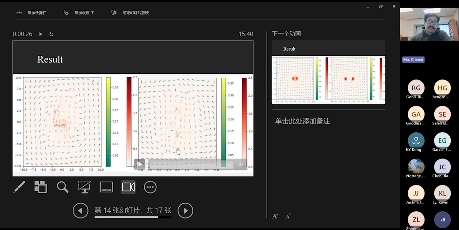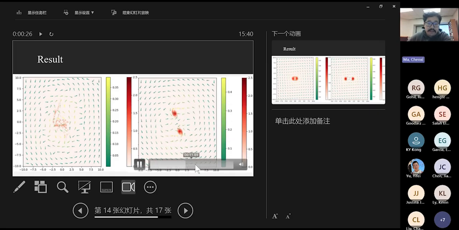We can see that these 2 vortices rotate, but they are not combining together. For example, here or here, maybe just here. So they just never combine together.